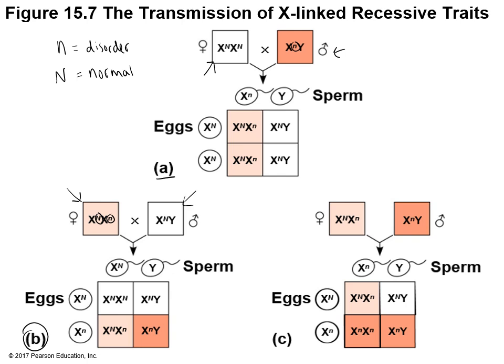And in the third example, C, we have an affected male and a carrier female with 1 dominant and 1 recessive allele. And we can see that they all produce different ratios of the different genotypes. So even though the male is affected, in the first example right here, if the female is homozygous dominant, none of the offspring are going to be affected, or at least show the characteristic.